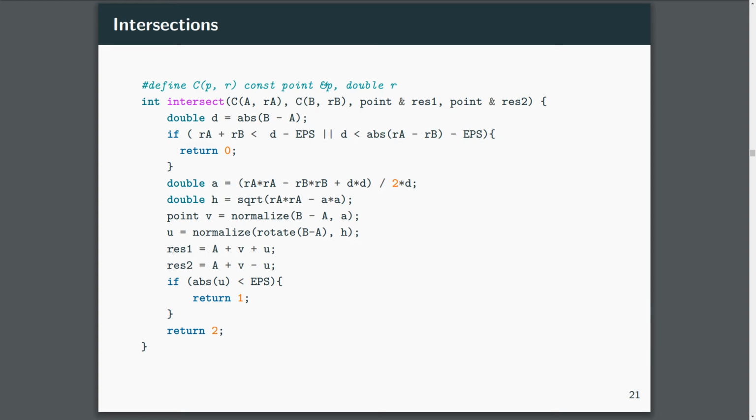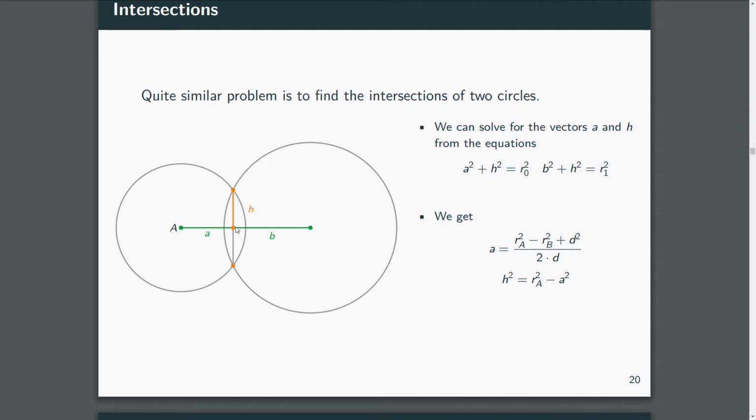And then we take the point by adding u. So we start at A, add v to get to the center. Then we add u to go up. And then we do another point where we subtract u to go down. Of course, this could be rotated in some way. So it's not necessarily up or down. It's just up or down in this picture.